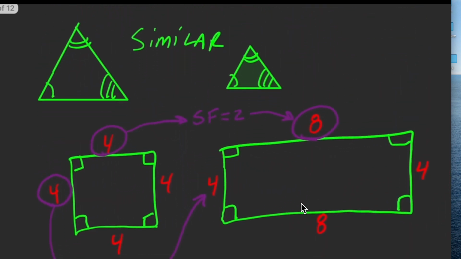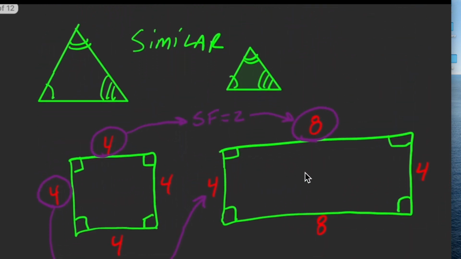So one more time, even though these two images have all angles the same, these are not similar. In order to have similar quadrilaterals or even higher level polygons, you have to have the same scale factor that brings the pre-image to the post-image, and that scale factor has to apply for all of the corresponding sides.